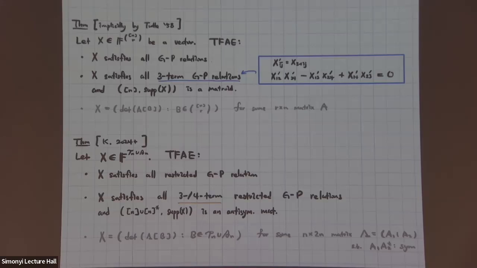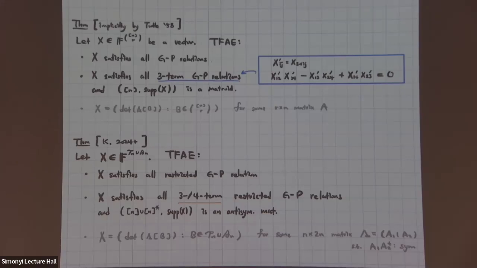In the matroid case, if you have a vector, a point in projective space, satisfying all the Grassmann-Plücker relations, then actually it can be recovered from the 3-term Grassmann-Plücker relations with some additional assumption regarding the matroid. And similar things happen for the antisymmetric matroid as well.